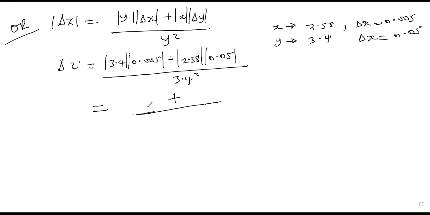For this one, for the 2.58 times 0.05, it is 0.129. Then for this one, it is 0.017.